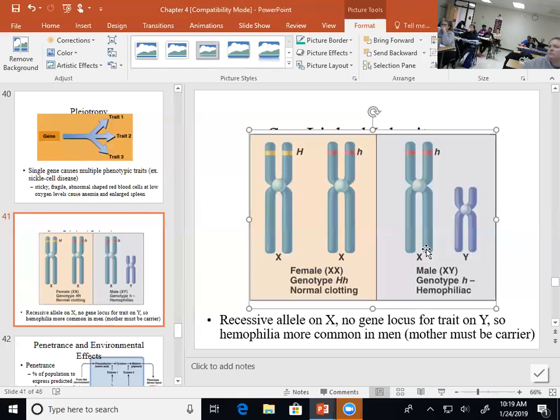Well, this one came from the mom, because mom should be first, and the other one came from their what? Their dad. So how many chances do women get at traits that are found on the X chromosome? They get 2 chances at it. Do you get what I'm saying?